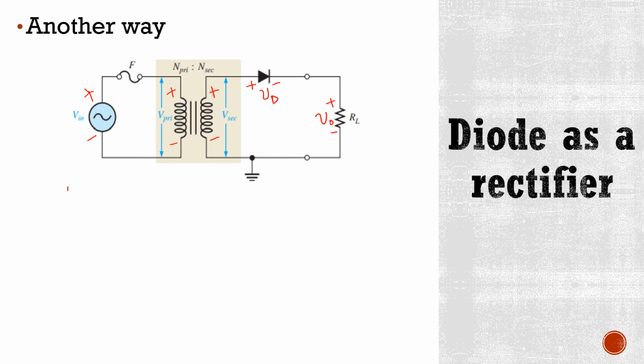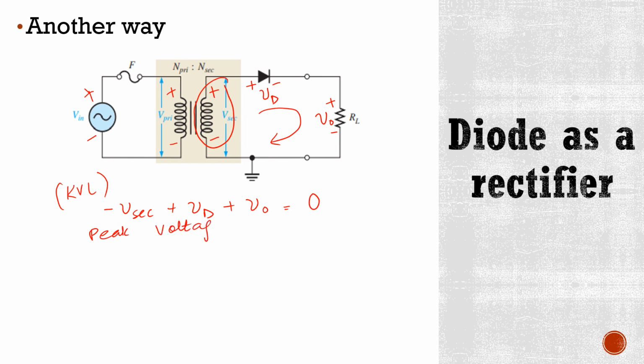So what will be our KVL equation here? We'll start from this point. Okay. So here we'll have minus Vsec plus Vd plus V0 is equal to 0. Now here we are talking about peak voltages.